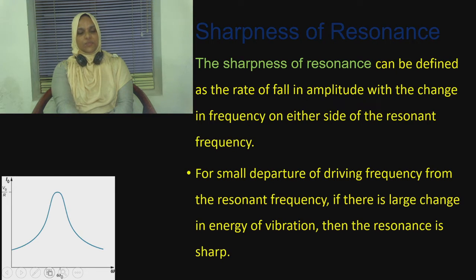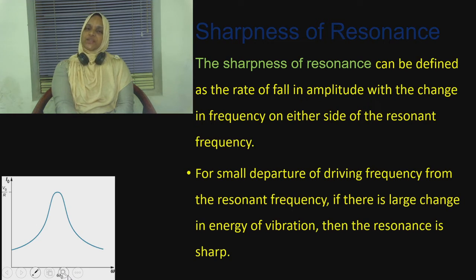For the curve, this part shows maximum amplitude. At this point, when the amplitude is maximum, the driving frequency will be equal to the natural frequency of the oscillator, represented as omega 0.